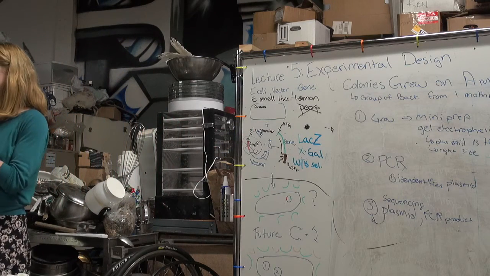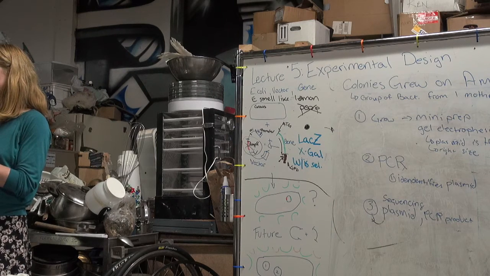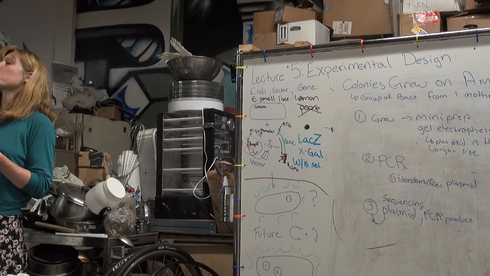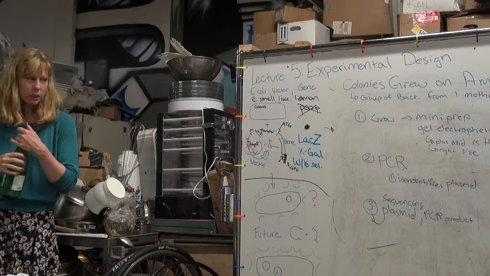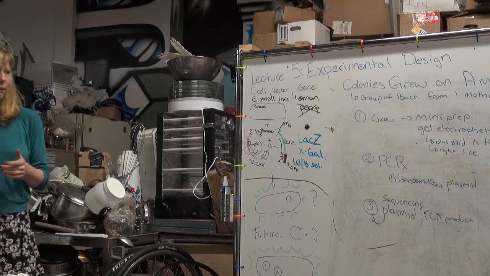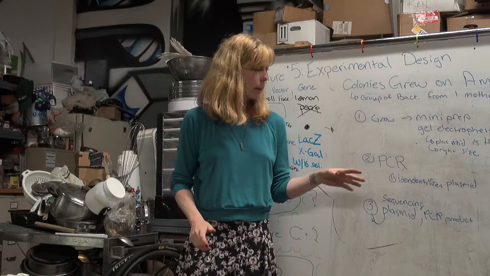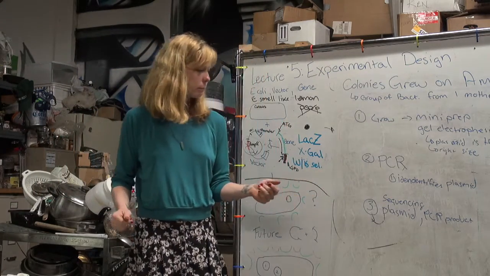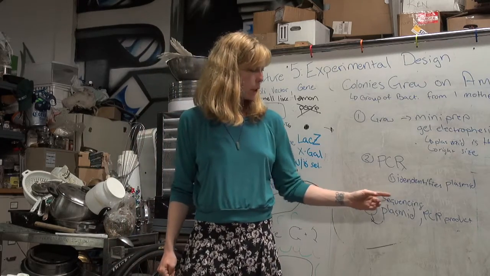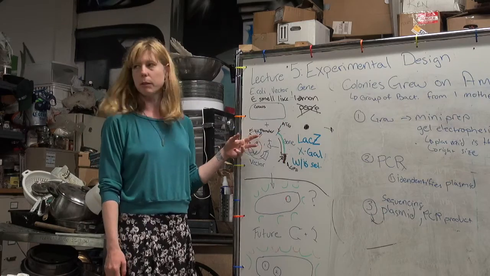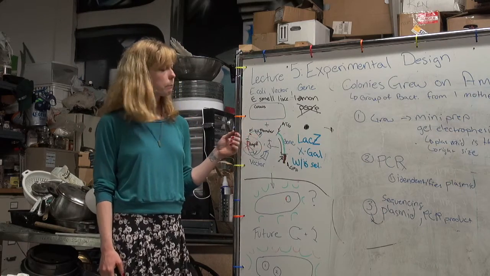If you set it up for sequencing, do you sequence the whole thing, or do you tell them what specific part you're looking for? So the question is, when we send stuff off for sequencing, do we tell them to sequence part of it? How do they know what to sequence? For a plasmid, you can certainly give them the two promoters that you have.